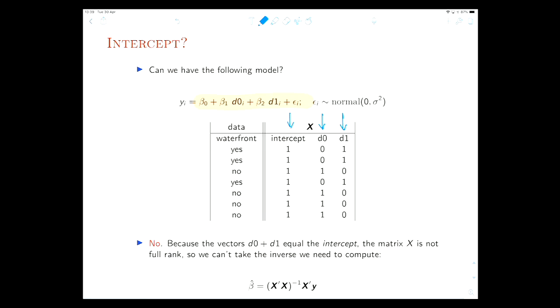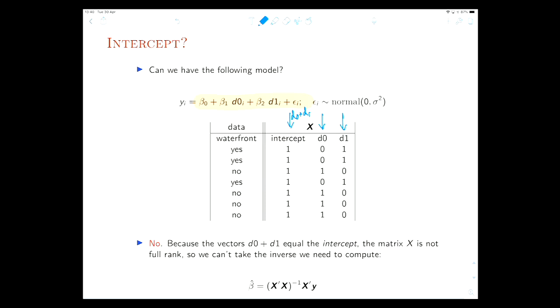You'll notice that the intercept term, which will always be 1, is nothing but the sum of D0 and D1. The intercept value can always be found by summing up the values for D0 and D1.